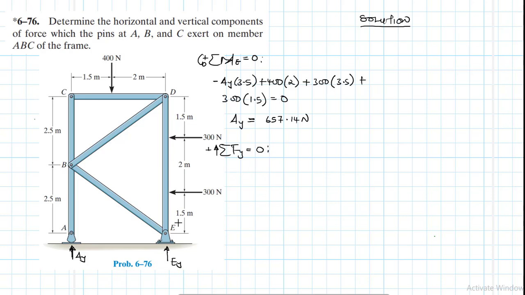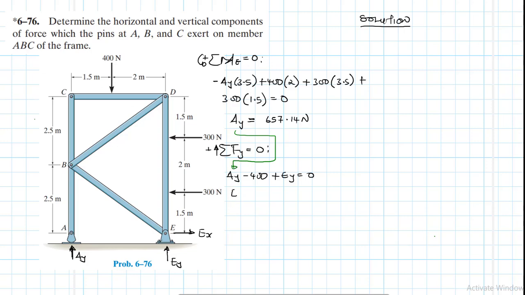Then summation of forces in the Y equal to 0. So what do we have here? I mentioned we have EY. We have AY minus 400 plus EY equal to 0. We already calculated what AY is.